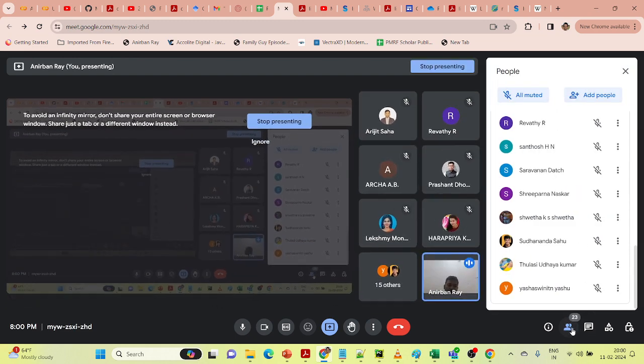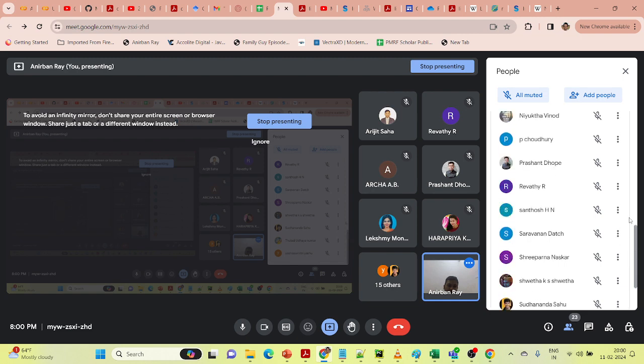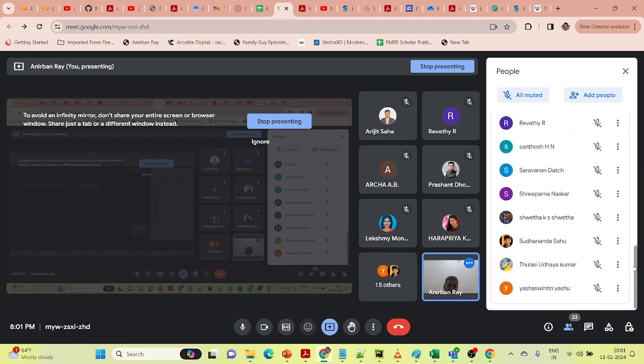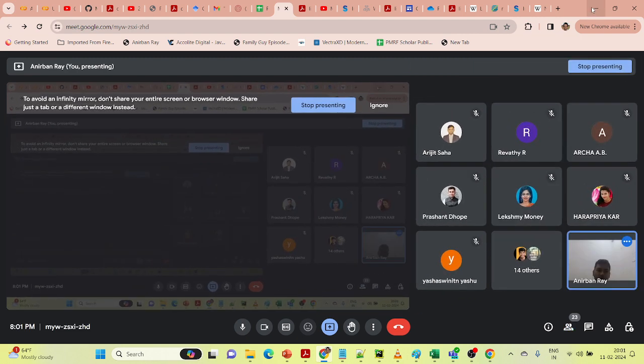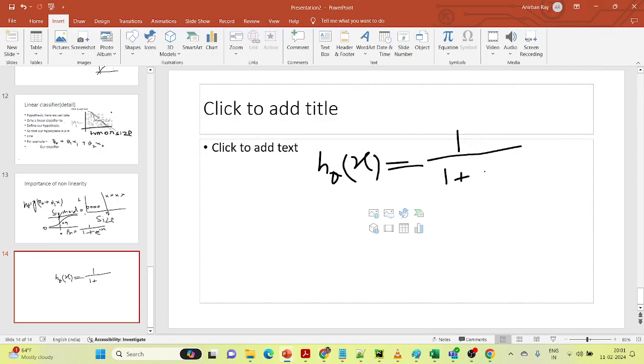Is it not too small? Okay, I think so. So what I define is theta 0 plus theta 1 x.